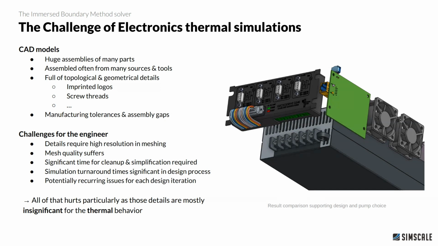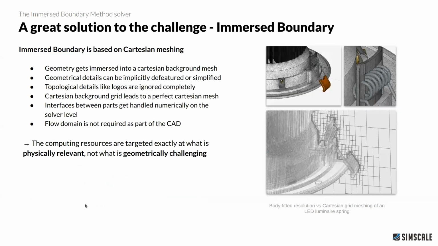The most painful part is that you are spending time on geometrical details that are mostly insignificant for the thermal behavior, but just need to be resolved so that you can even run a simulation.